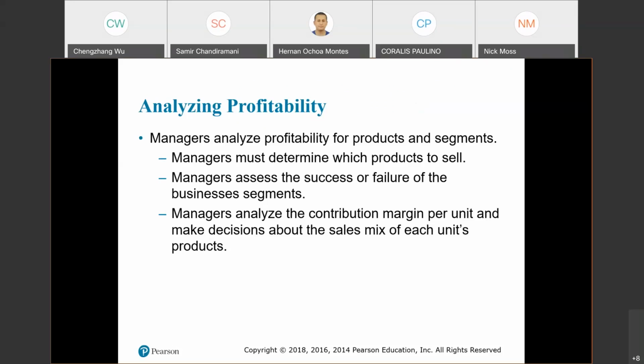Well, we looked at the profitability analysis in the last chapter, CVP analysis, when we calculated the sales needed to break even and earn a target profit.